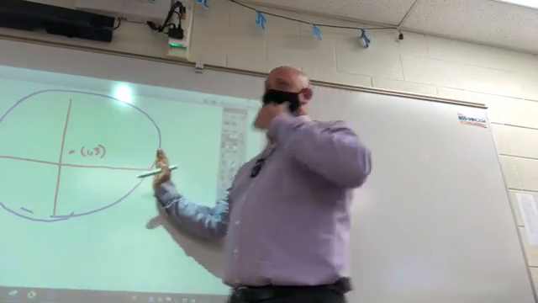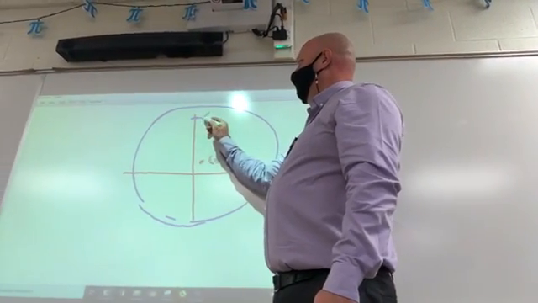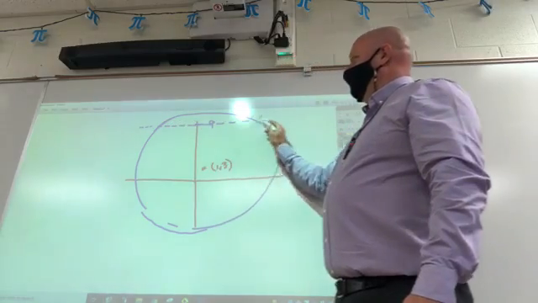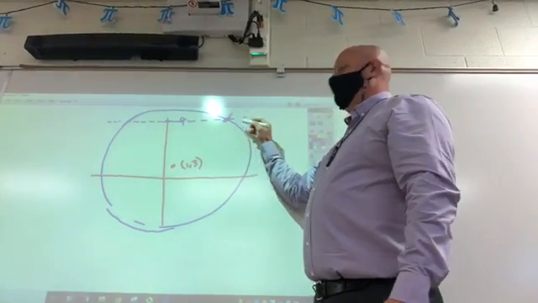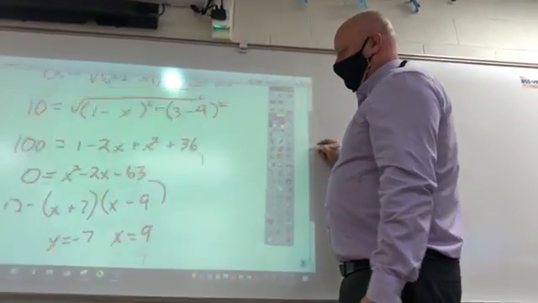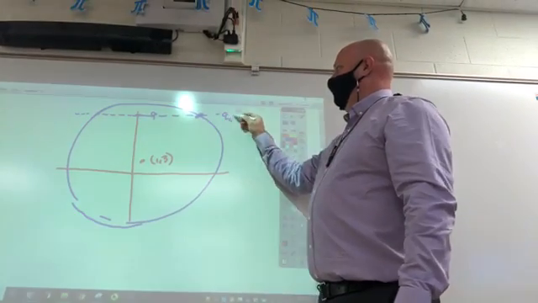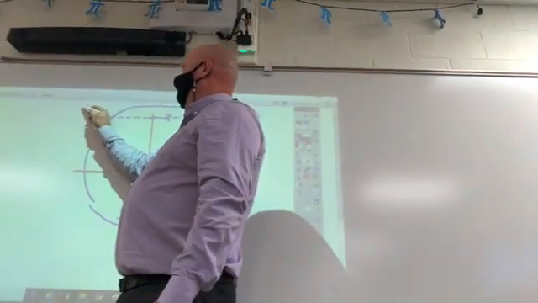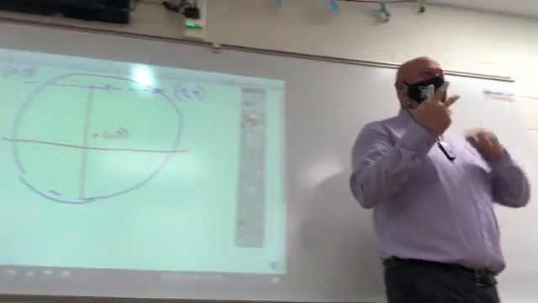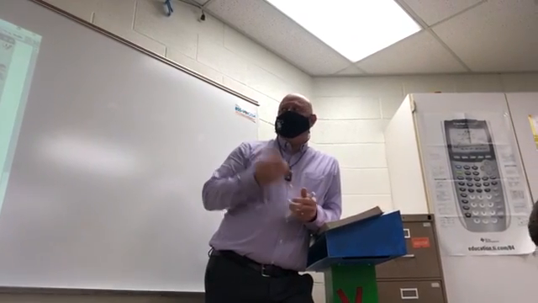We didn't know the x value, but we knew the y value was what? 9. So maybe up here. Well, how many times is that going to hit that circle? It's going to hit twice. Once is going to be at the point, what were my two answers? 9 and negative 7. So this point is 9, 9. This point is negative 7, 9. So yeah, generally speaking, those questions are going to have two answers, aren't they? Most of them. Does it make sense?